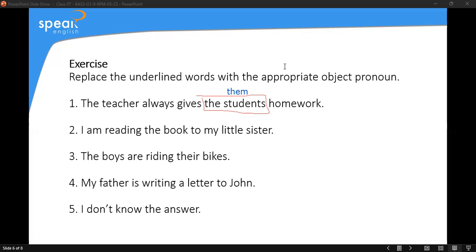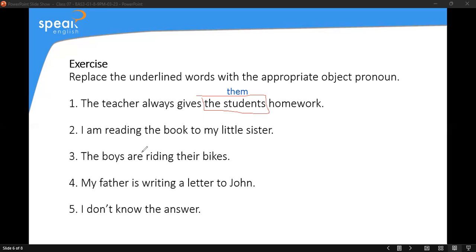Let's start with Jacqueline. The sentence number 2. What is the object in this case? Remember that you need to focus on the verb.